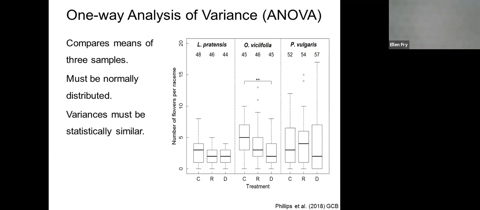Now, the reason we do ANOVA and not lots of t-tests is because in statistics, if you were to carry out many tests to get one answer, you run the risk of type 1 errors, finding a false positive.